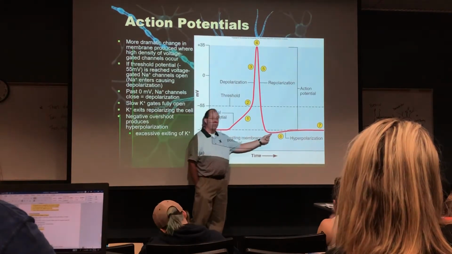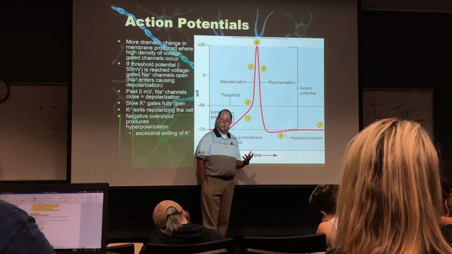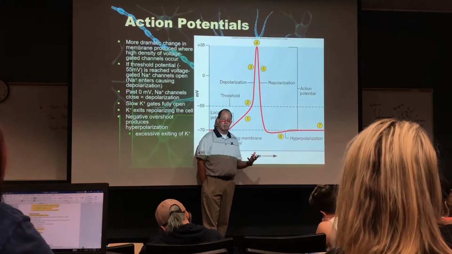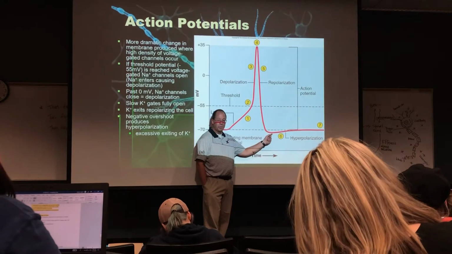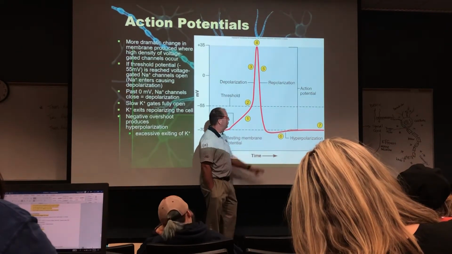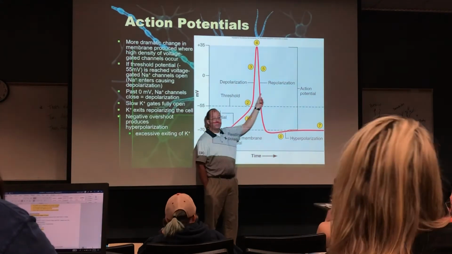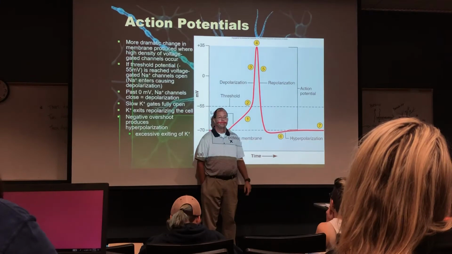So it takes even more effort to get a response. That's why you're slower to respond, slower to speak, slower to have reflexes, because of hyperpolarization. That's kind of interesting. So we know an action potential, right? It's when depolarization is followed by repolarization.